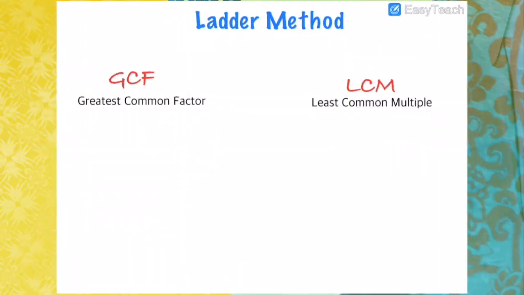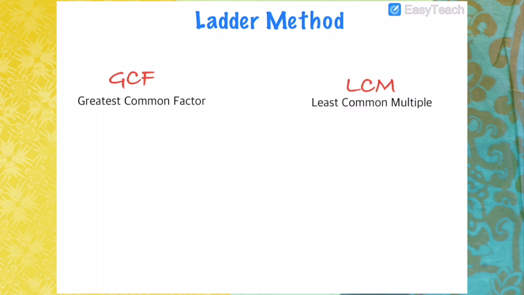It's called Math Easy series, and our first topic would be the ladder method in finding the GCF and LCM. Now let's get started. Our topic will be finding GCF and LCM using the ladder method. Now there are actually two methods to find GCF and LCM. One is ladder method and the other one is prime factorization tree.